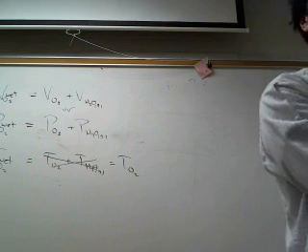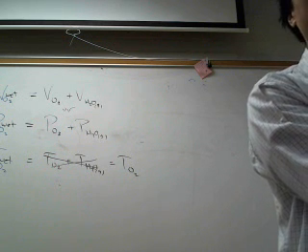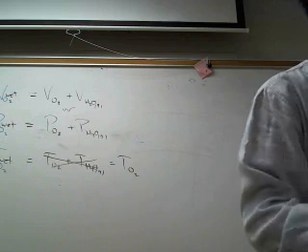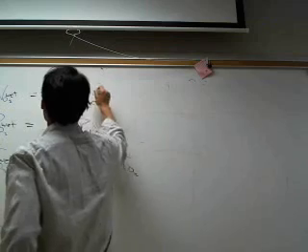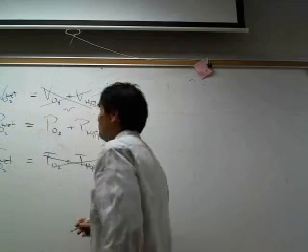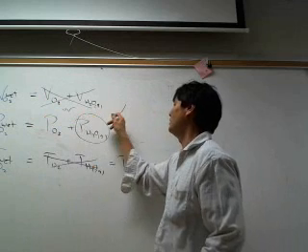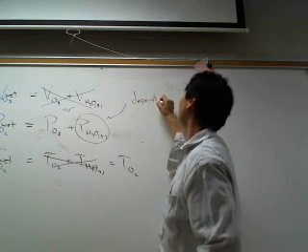But the problem is, I don't know how many milliliters of water vapor I just generated. That's very difficult. Very difficult. But I do know this. I do know that the pressure of water vapor generated depends only on the temperature for 100% humidity.